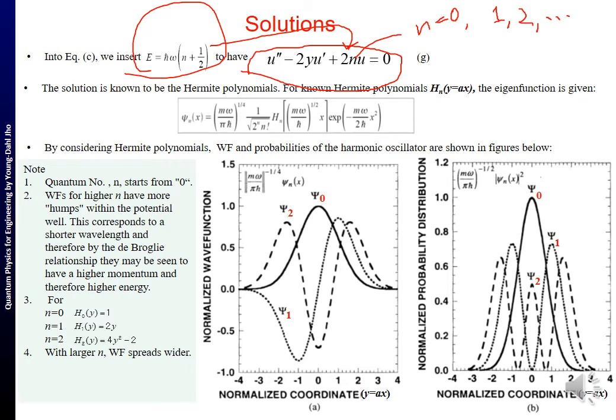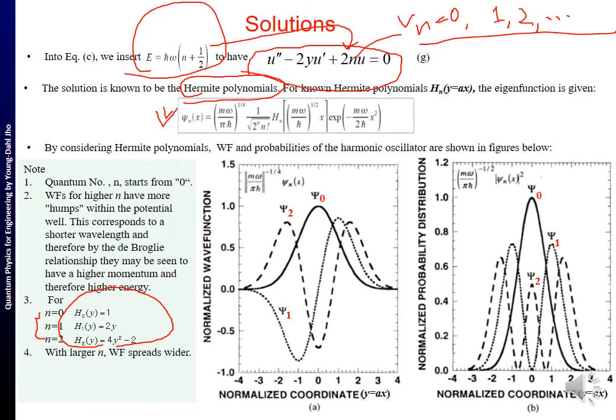For each integer value, the solution is known to be Hermite polynomials. If we put that polynomial in, we can calculate the wave function psi like this. It looks a little bit complicated, but actually the polynomials are known to be like this.